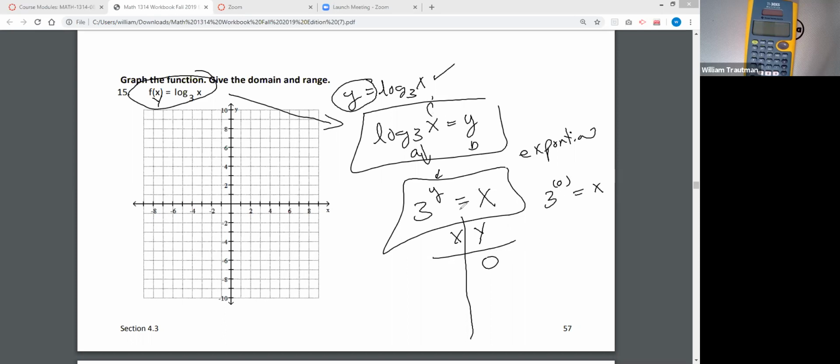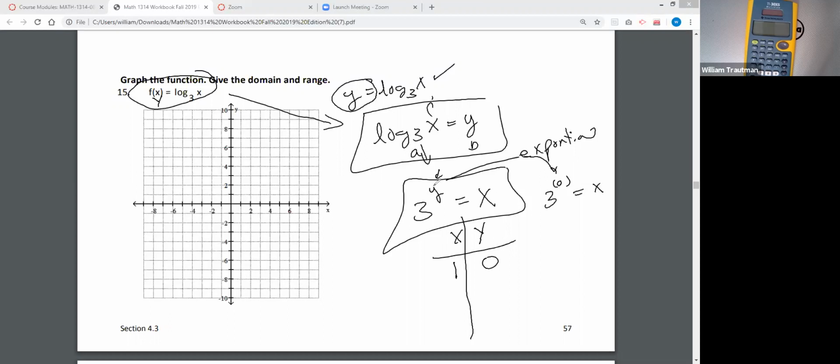On your calculator, if I put a 0 in for y, what does 3 to the 0 power equal? Anybody that's awake? Nobody's awake. Okay, I'll do it on my calculator. I've already done it several times. 1. Yes. Anything to the 0 power does equal 1.